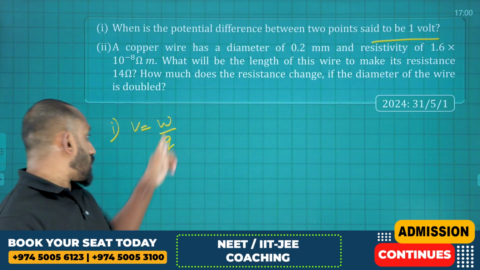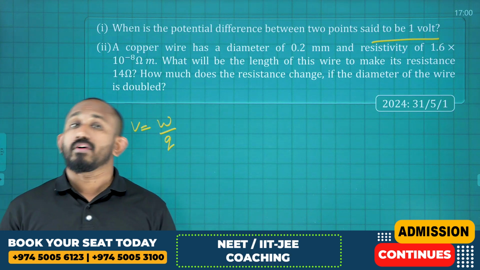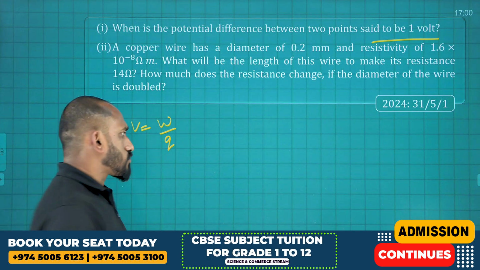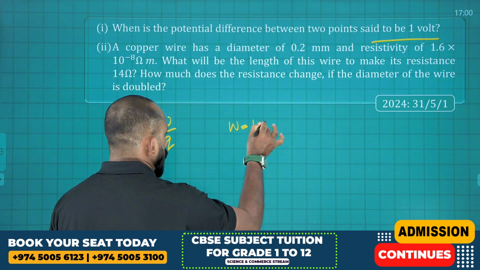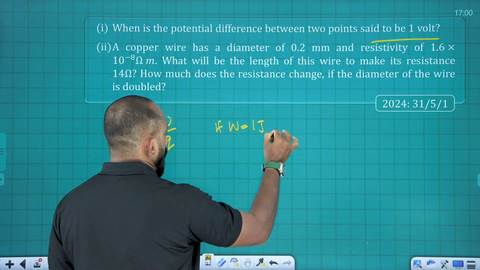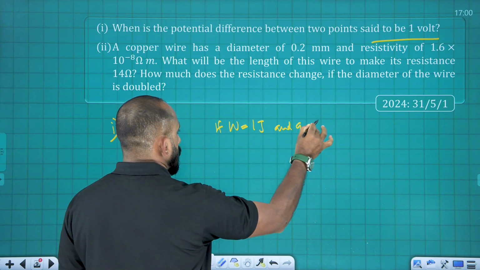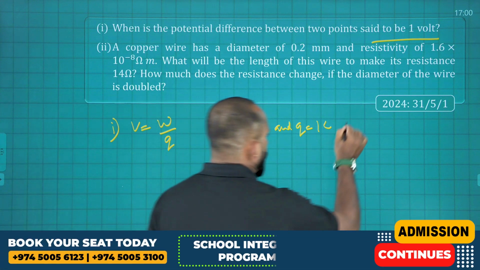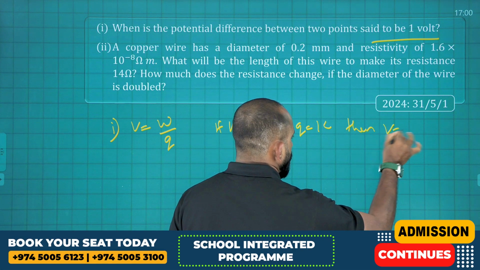So when it is said as 1 volt, in SI units, work should be 1 joule and charge 1 coulomb. Then V is equal to 1 volt.